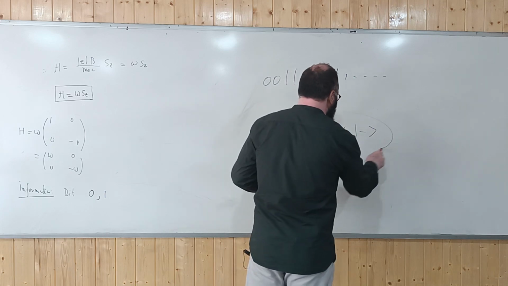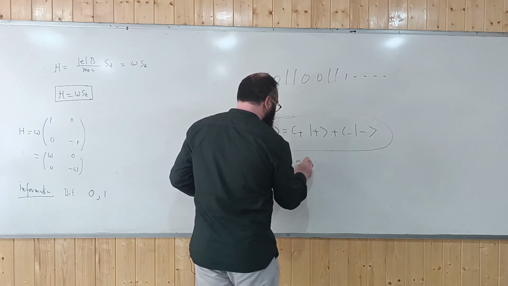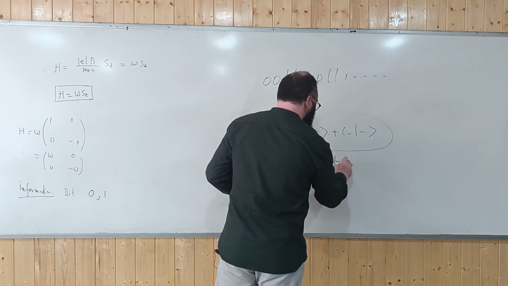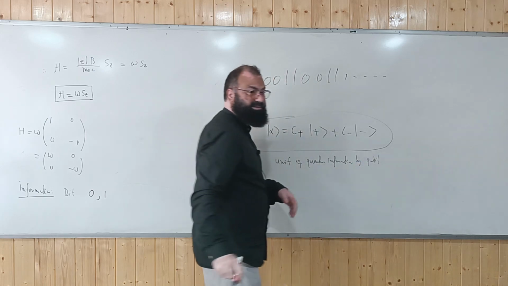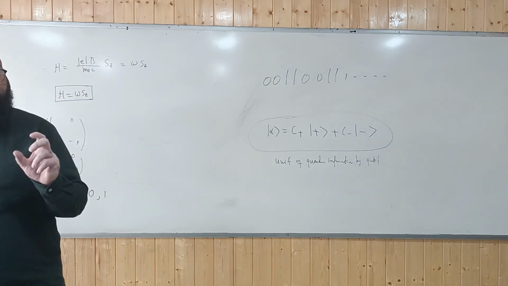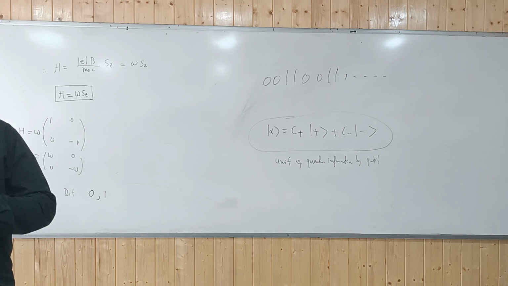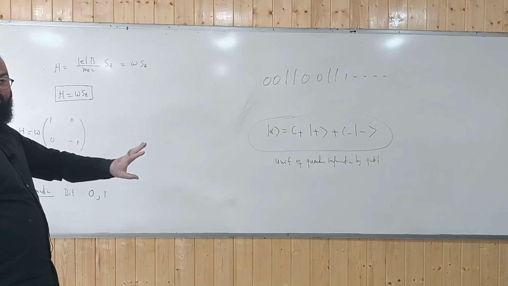So we can write the unit of quantum information as a qubit. A qubit can be any two-level system. Q means quantum. It's a quantum bit. Clear? So now any two-level system will represent your qubit.